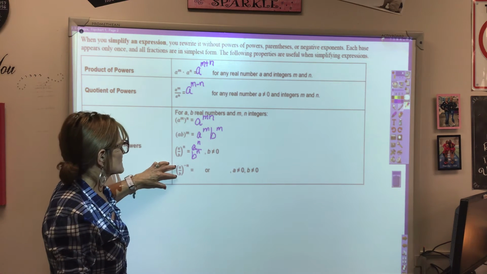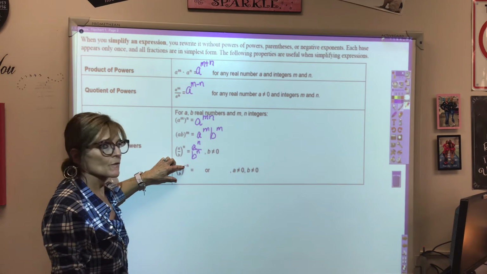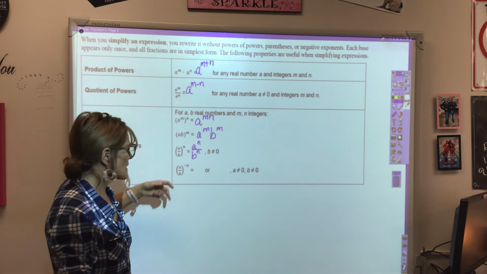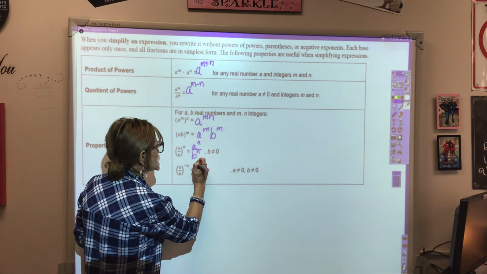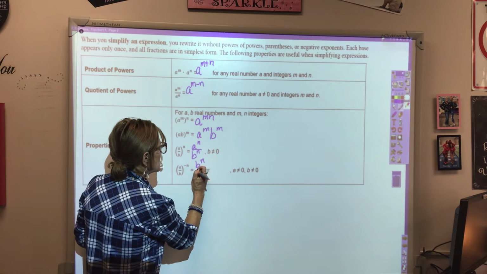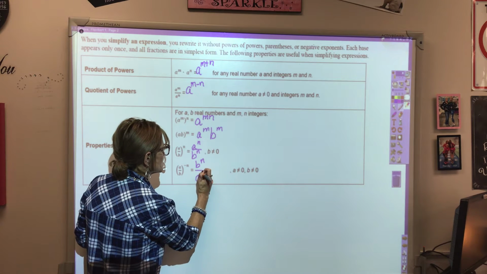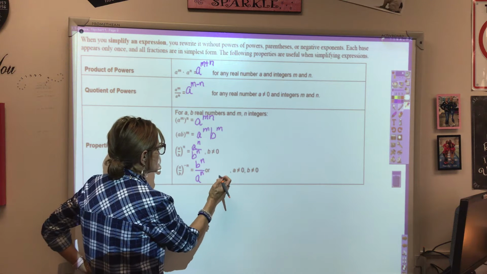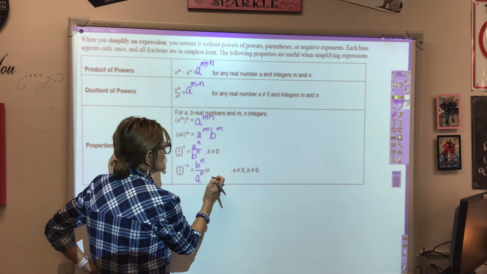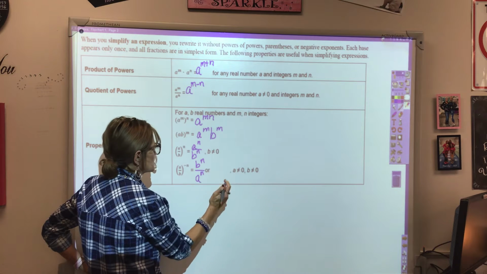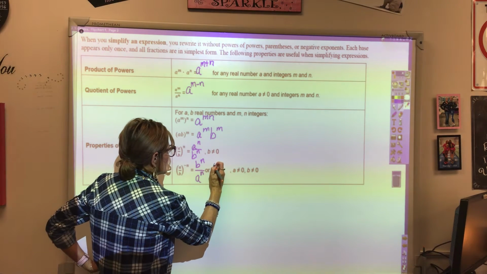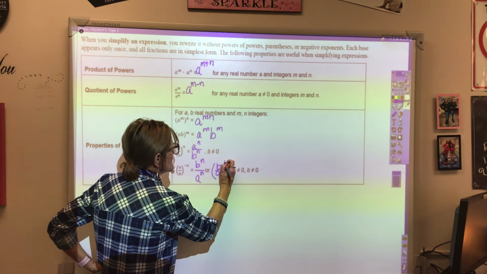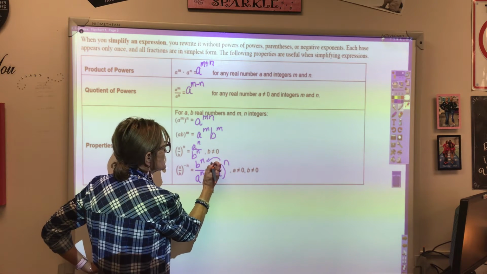Now, this one was to the negative power of n. So take the reciprocal and then make the power positive. So this would be b to the n over a to the n. Think of this as the second part: it's b over a to the n, which simplifies to this.